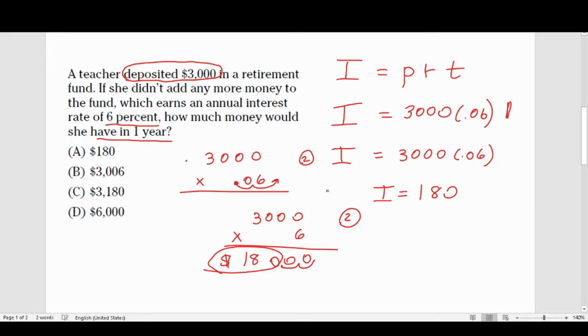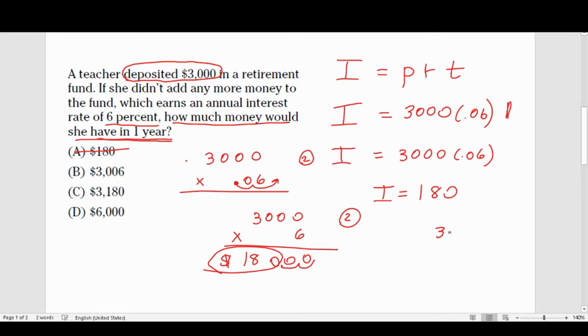Now that said, the question asks how much money would she have in 1 year? Well, the answer is not 180. Even though that's the amount of interest that she earned in a year, we have to take this amount of interest that she earned and add it to the principal.